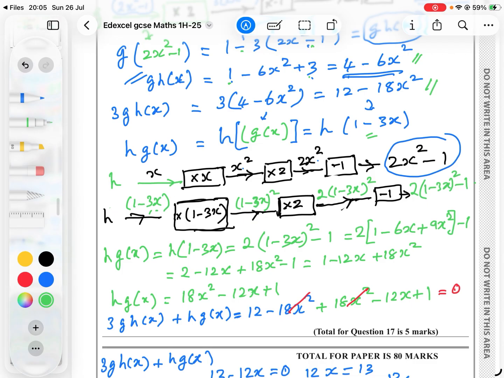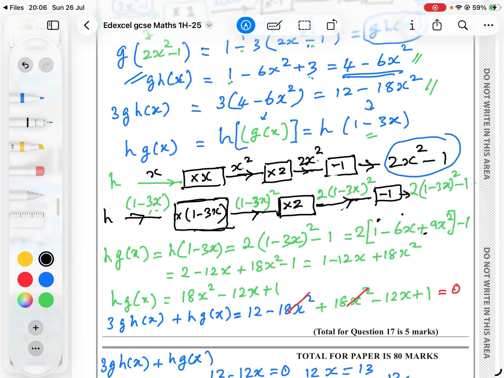When you simplify, hg(x) equals 2 times 1 minus 3x squared, take 1. So when you expand your bracket, 1 squared is 1, then 1 minus 3x minus 3x is minus 6x, then minus 3x times minus 3x is plus 9x squared.